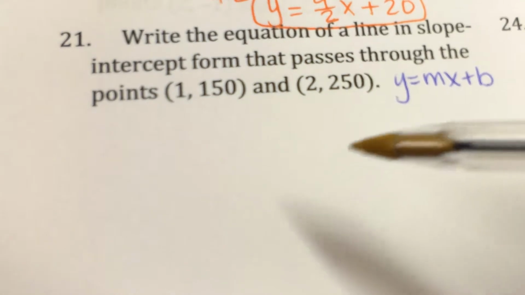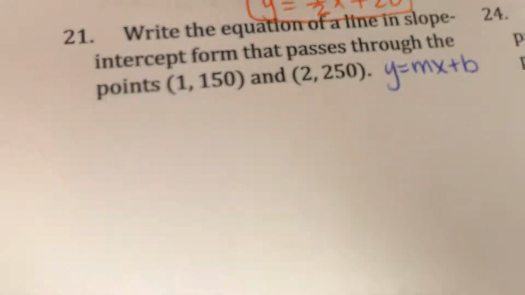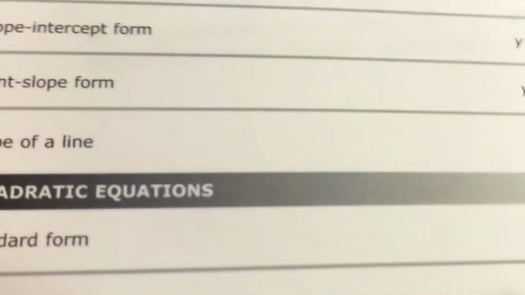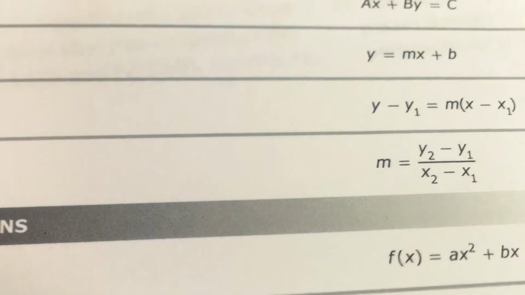So let's go ahead and find the slope, and we're going to use the formula chart to find the slope of a line. Here it is. So we're going to use that one.